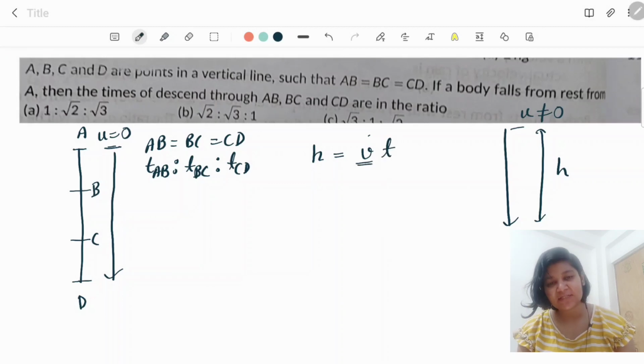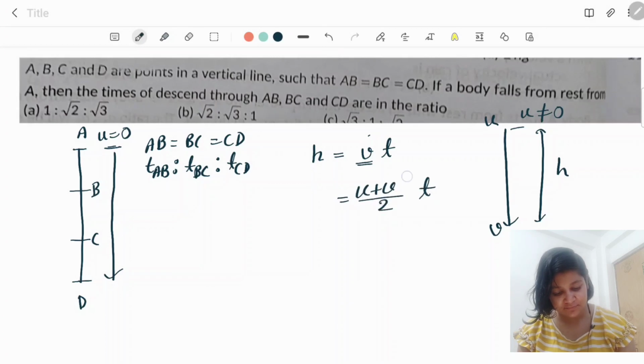But this velocity is now not the instantaneous velocity. The initial velocity was u and the final velocity at this point, let us say, is v. So this velocity will become the average velocity, which is u plus v at the end, divided by 2.